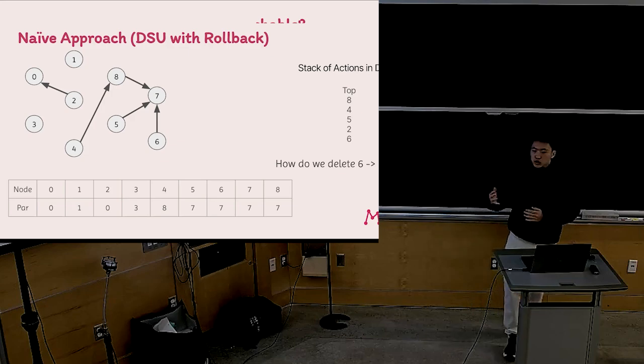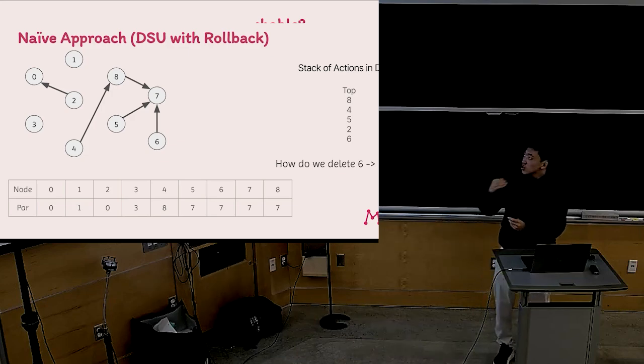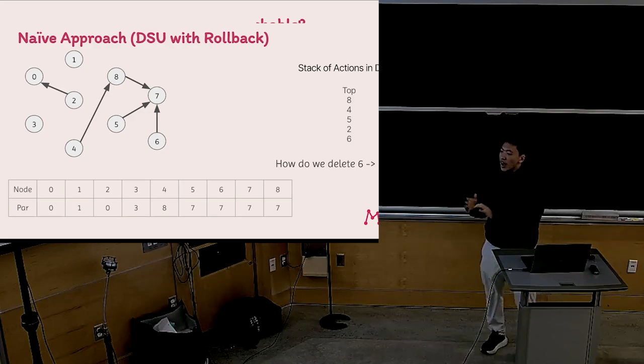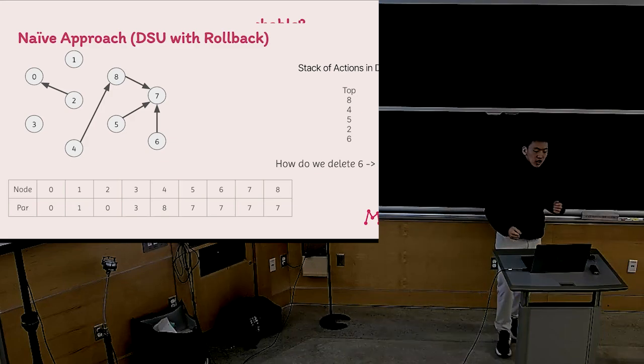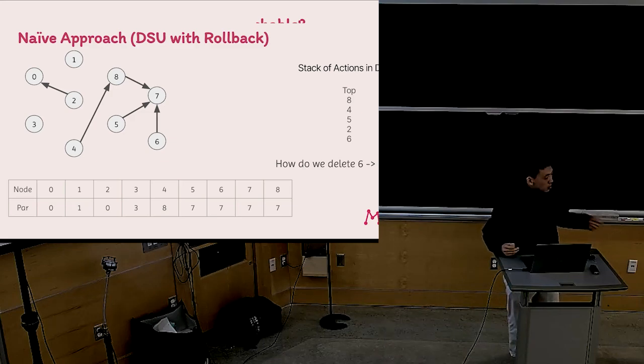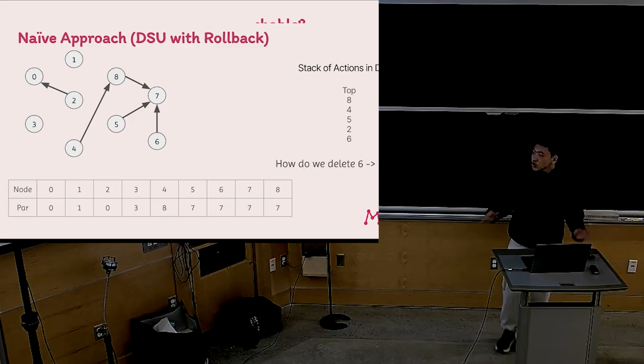So the best we could do with DSU with rollbacks is roll back all of the operations until we roll back the operation with 6 to 7, and then add all of the operations afterwards back on top. This is problematic because one, it's slow, and two, it doesn't actually do what we want it to do. So we need to find a new approach.